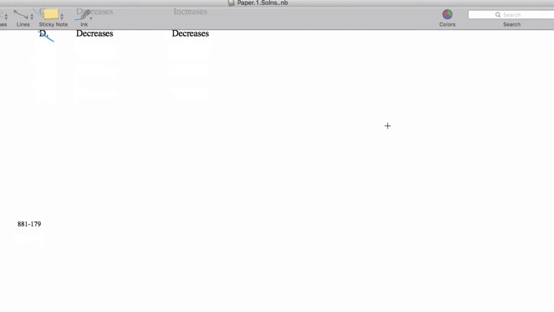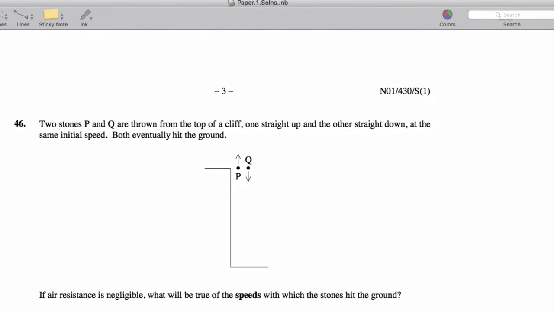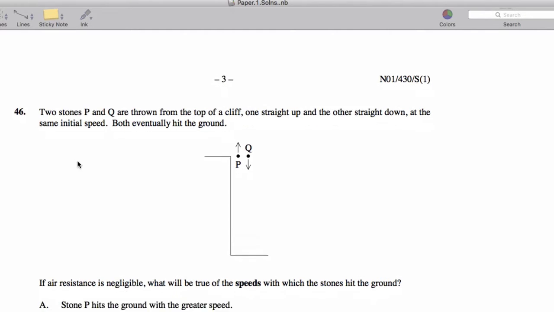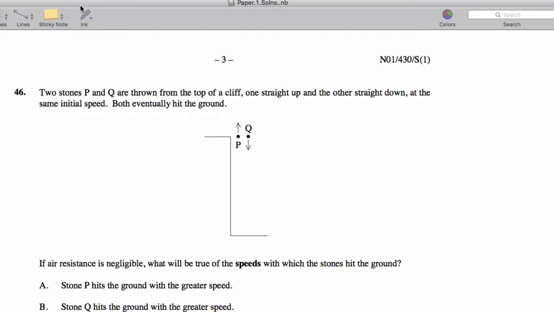All right, moving on to question number 46. We've got two stones, one thrown straight up, one straight down at the same initial speed, and they both hit the ground. This is an interesting thing. If I throw something up in the air at a speed v, it actually returns back down with the same speed.